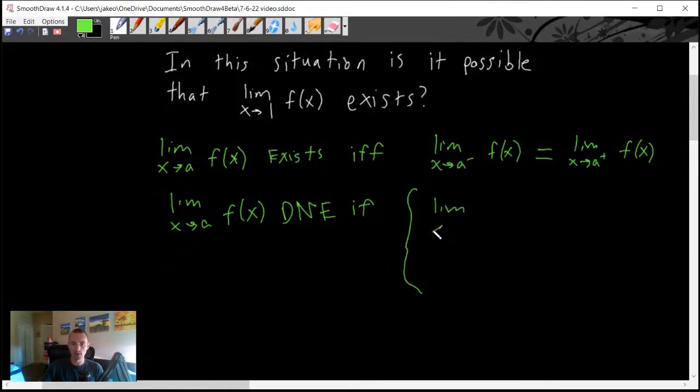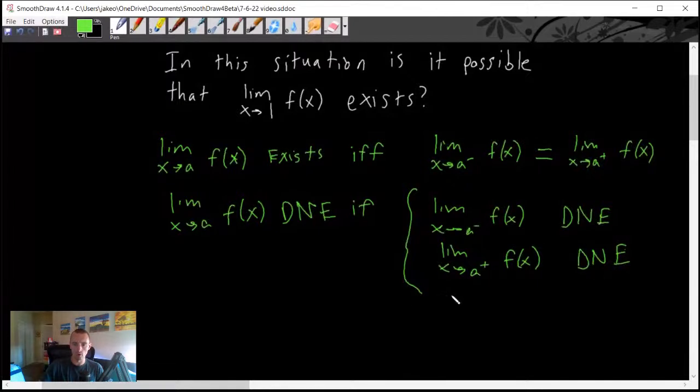The limit as x approaches a from the left of f of x does not exist, the limit as x approaches a from the right of f of x does not exist, or the limit as x approaches a from the left of f of x does not equal the limit as x approaches a from the right of f of x.